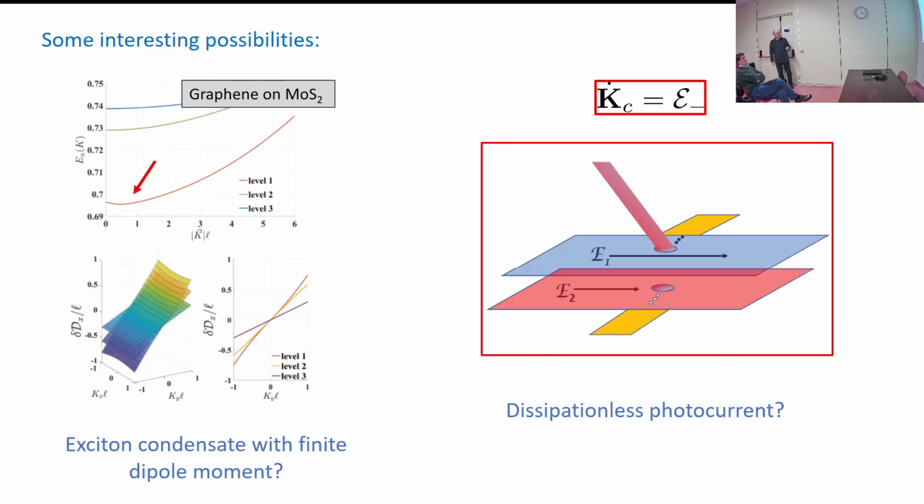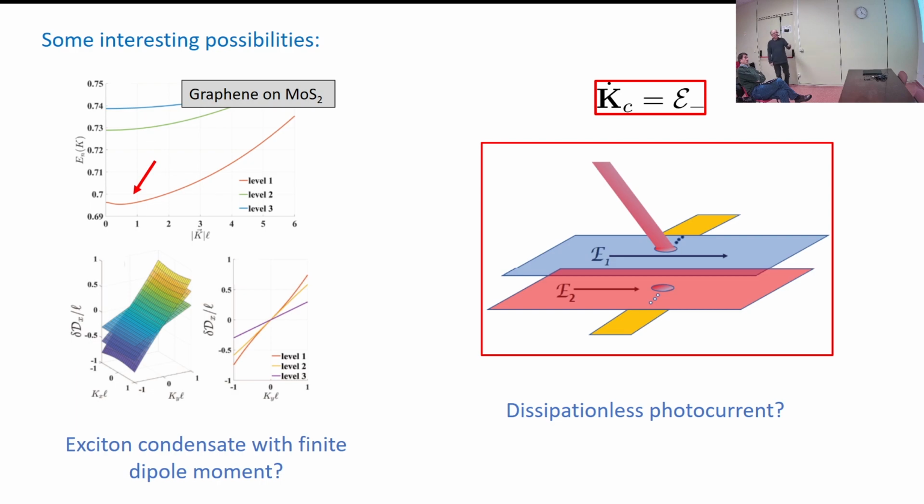Okay. So there are a couple other things we came across that we thought were interesting to think about, which we haven't really done much to push forward yet at this point. One is that we found that some of these hetero bilayers will give you an exciton dispersion where the minimum of the energy of the exciton is not at k equals 0, but at some finite momentum.